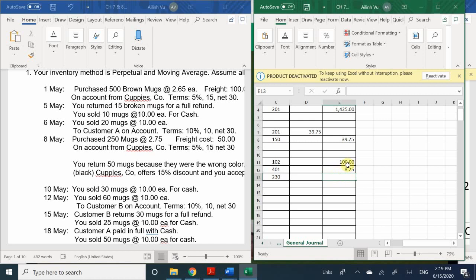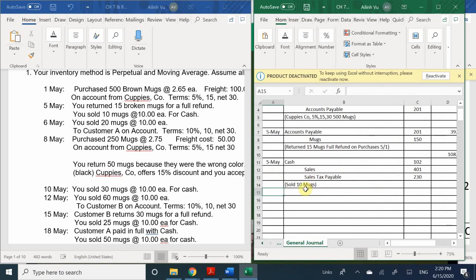Yes, $8.25. So this should be equal to this plus this. Okay, so you should get $108.25. Okay, good. All right.